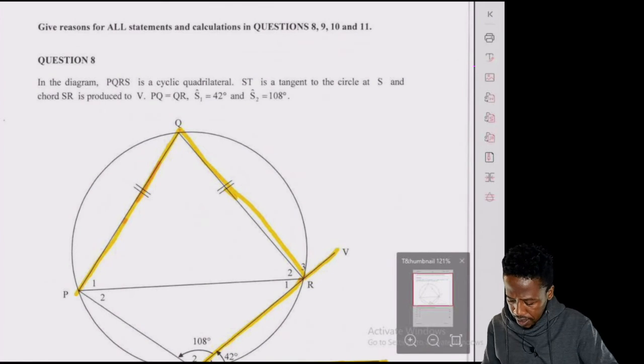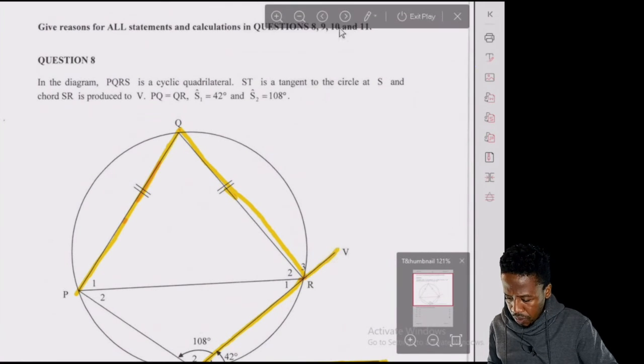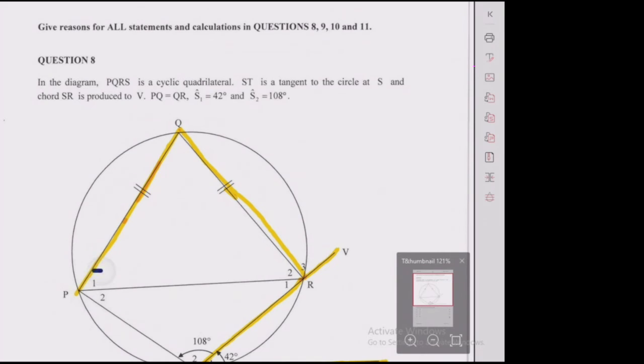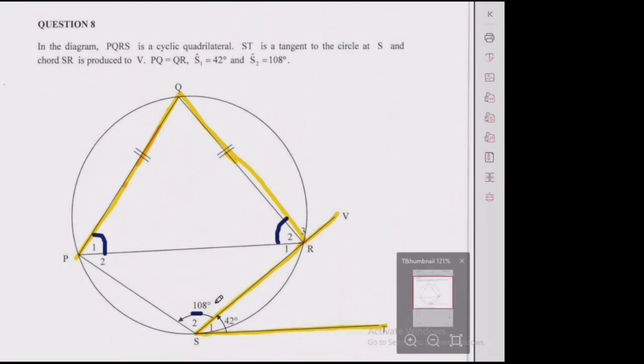Now what does that tell us? It means these two angles would be equal. And then they say S2 would be 108 degrees.